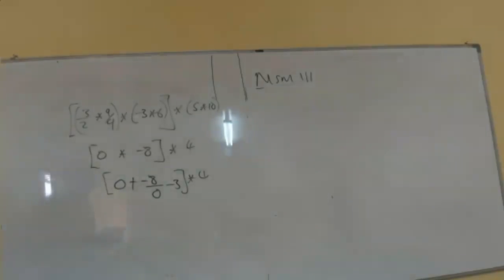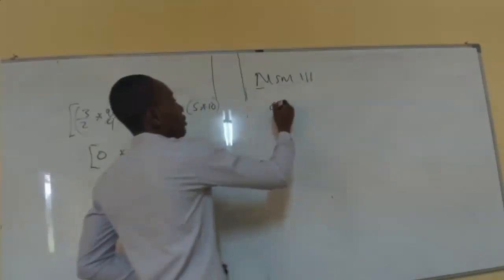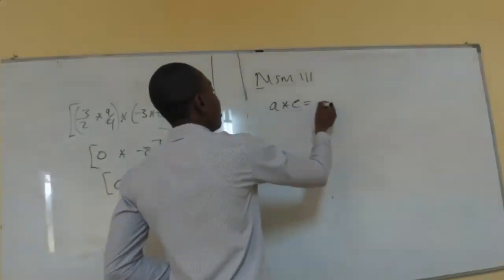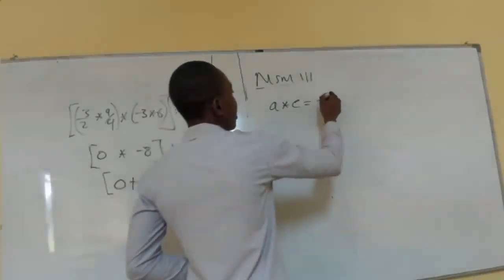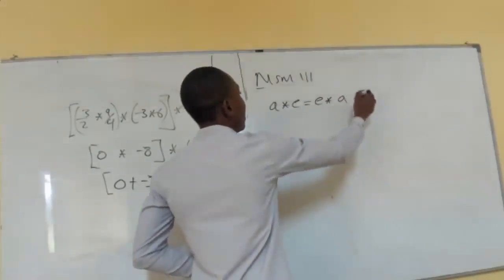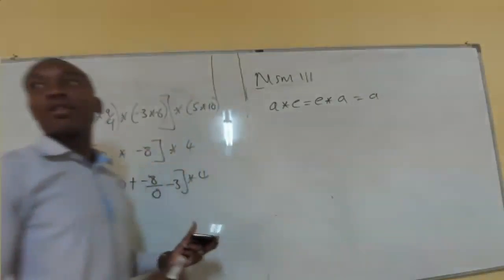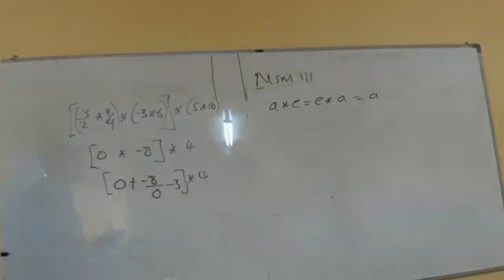Now remember that if you have an identity E, then A star E should be the same as E star A, and this should give us A. So if an identity exists, then that should be true. That's basically what we need to find out.